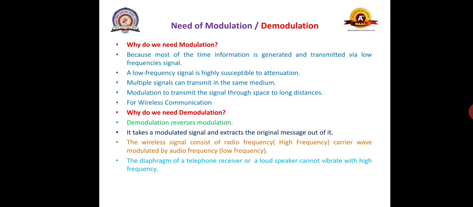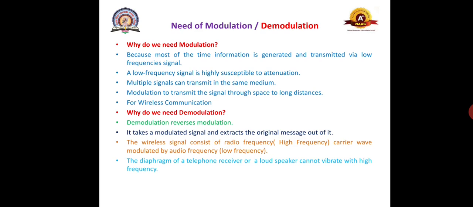So what is the need of demodulation? Demodulation is the reverse process of modulation, used to extract the original message or signal from the modulated signal. This demodulation is required because wireless signals consist of radio frequency, that is a high frequency carrier wave, modulated by the audio frequency, the low frequencies.